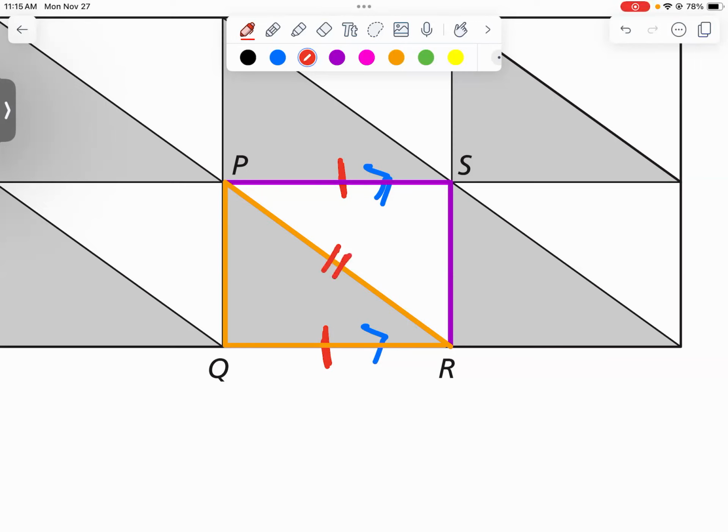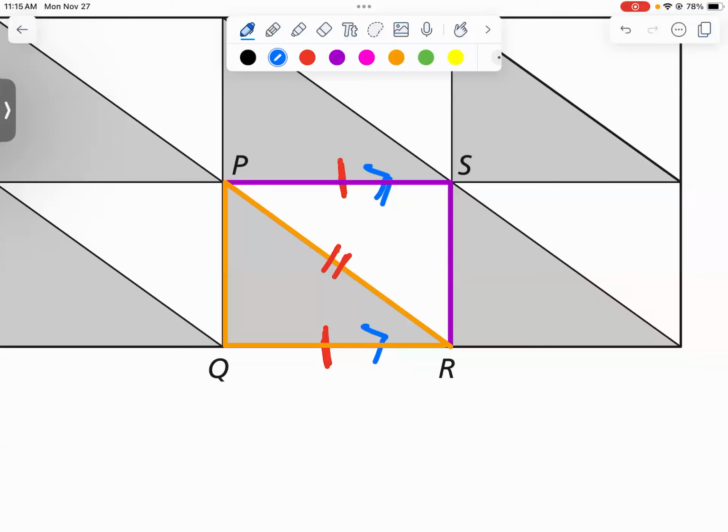PR is congruent to PR because of the reflexive property, right? What else is there? I wish, but we don't actually know that.